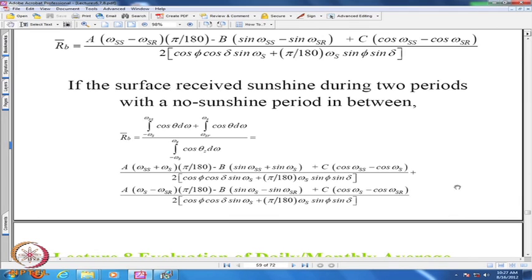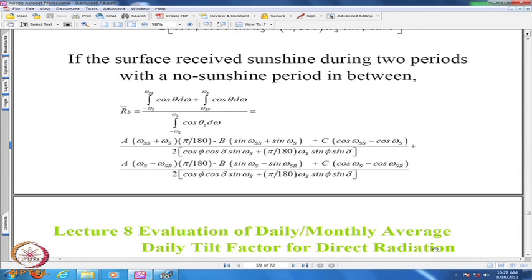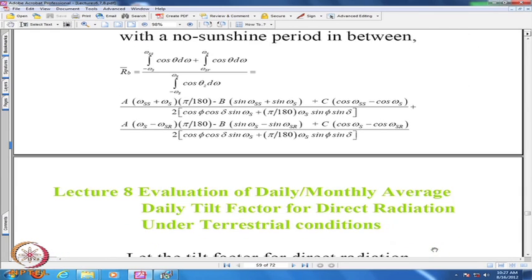So, it gives rise to two terms, where the first term integral is cos theta is a, that is a into (omega_ss minus minus omega_s, which will be plus omega_s), like that you have two terms. Okay. So, one can evaluate R_b bar under extraterrestrial conditions, even if the surface receives sunshine during two periods.